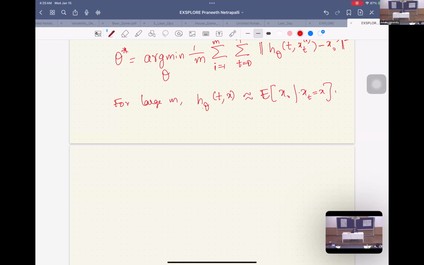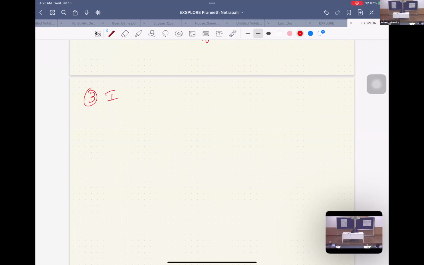Okay, so now that we have this, what is the third step? We implement the reverse process.